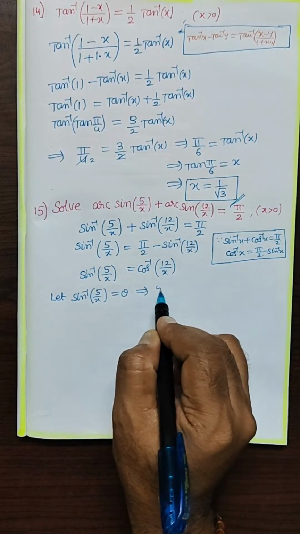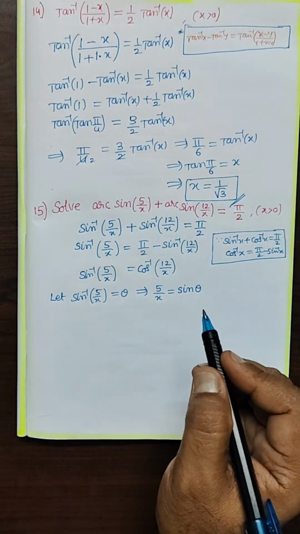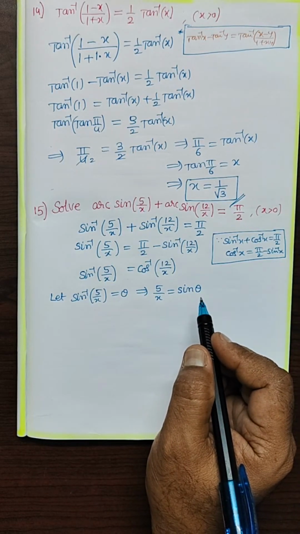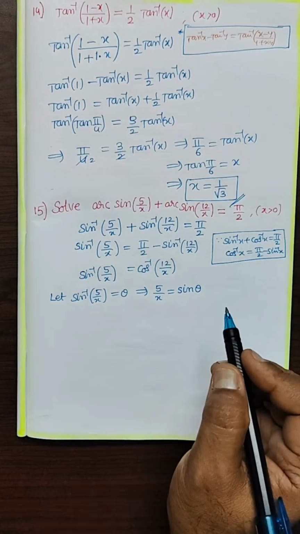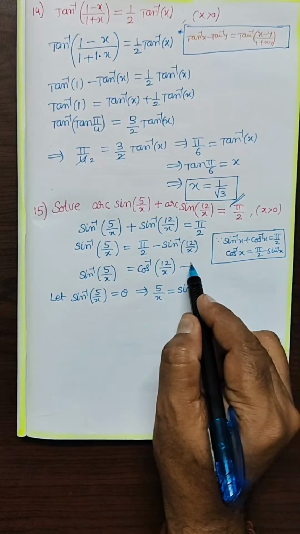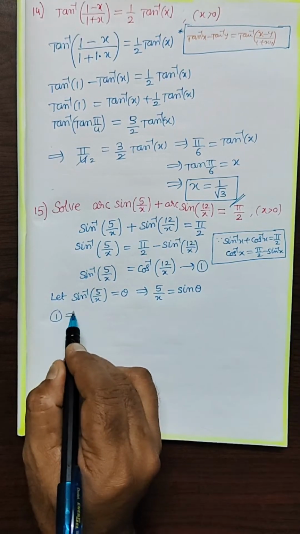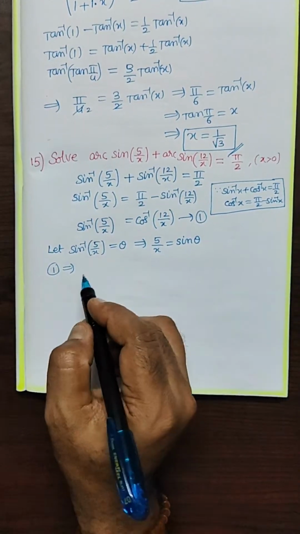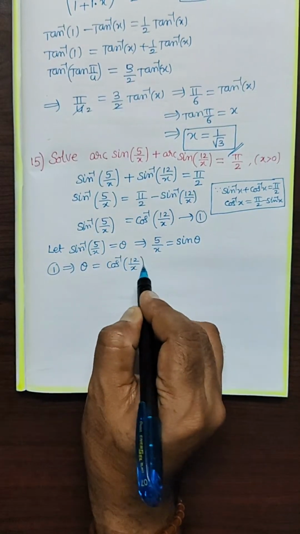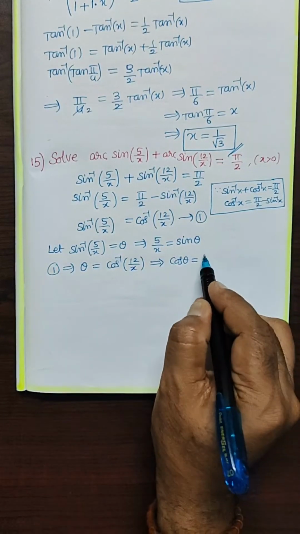That implies that 5 by x is equal to sine theta. Okay, dear students. So equation 1 implies that theta is equal to cos inverse of 12 by x. That implies that cos theta is equal to 12 by x.